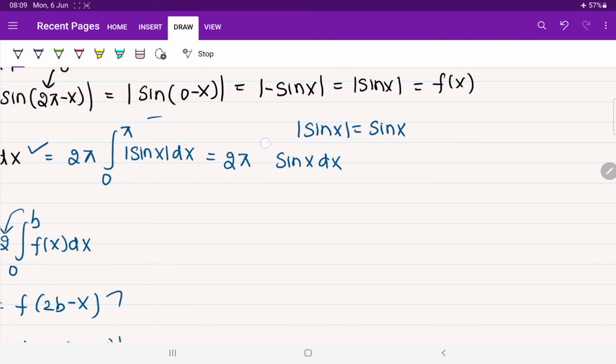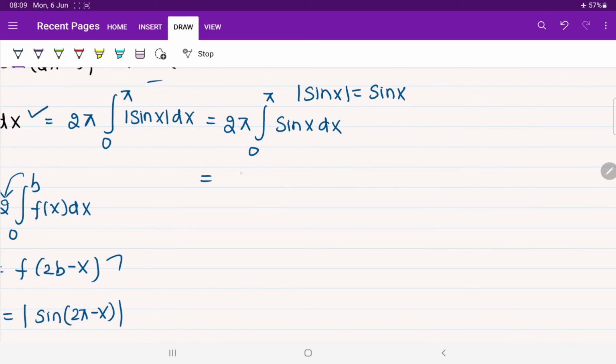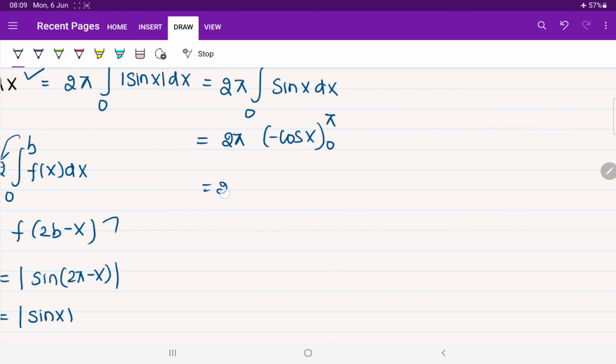See there, we understood two properties successfully in our today lecture, right? Let us proceed further. From here, integration of sin x will give you minus cos x, since limits are from 0 to pi. From this I can say 2 pi into cos, that is upper limit, minus cos pi. While going along with the lower limit, we will be putting one minus, but already in the equation itself we have a minus here.